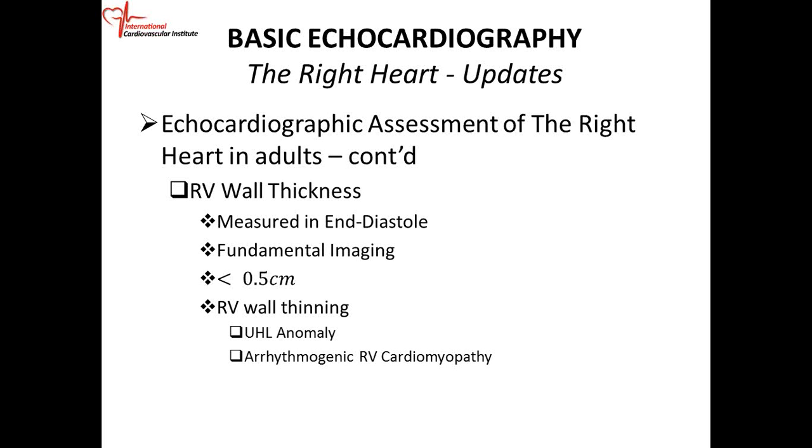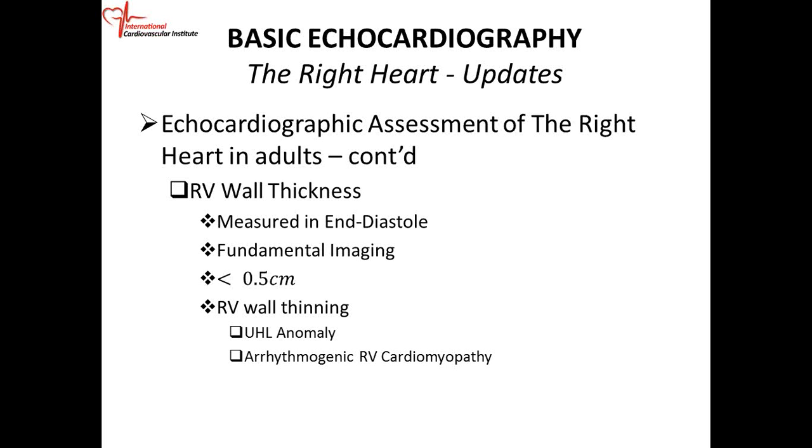So harmonic imaging gives an impression that the structure is thickened. So when you're doing these measurements, you should probably use fundamental imaging. So don't worry about it. We will go over this in ultrasound physics. And the RV wall is thickened if it's more than 0.5 centimeters or 5 millimeters.